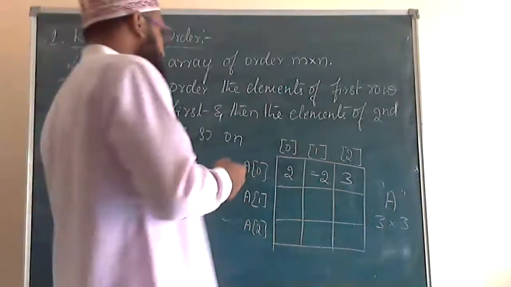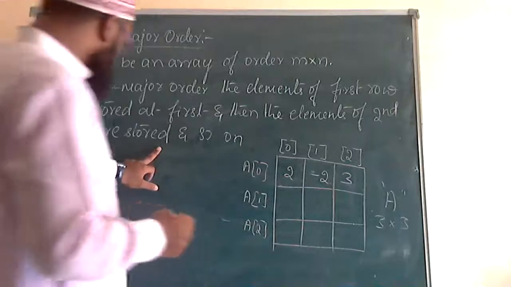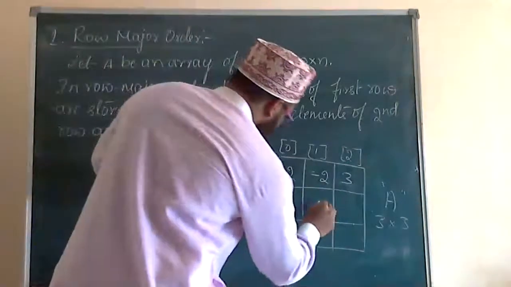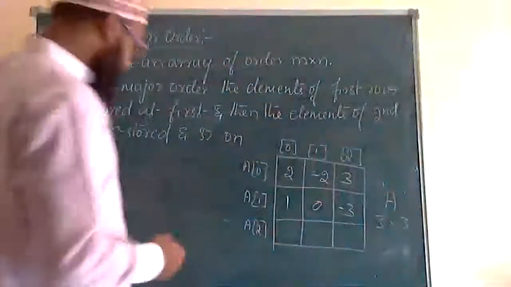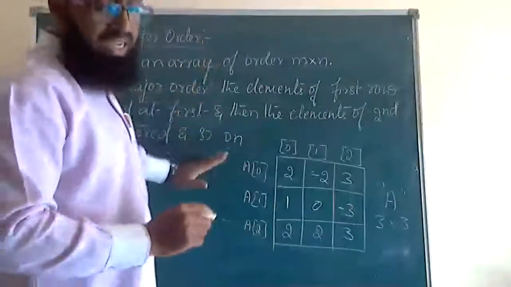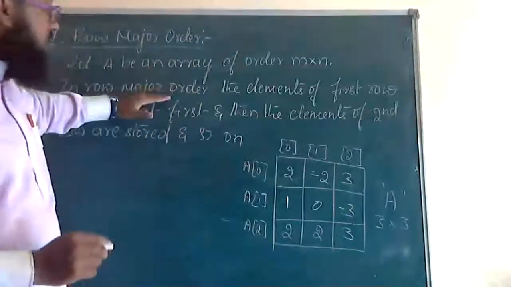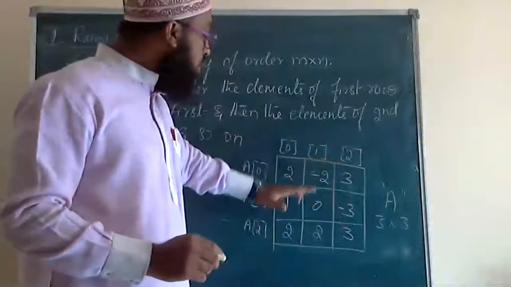And next, the elements of the second row are stored, and so on. And next, it will be continued to the next row. In row major order, in any array, the elements will get stored row by row.